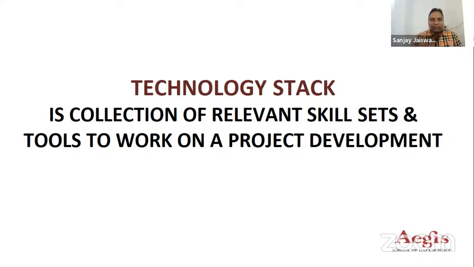It has very different phases of development, and in every phase we need different types of skills. So you have to learn those skills and tools, and only then are you going to work on the project. If you have the knowledge of those skills and tools, then you can become a software developer.